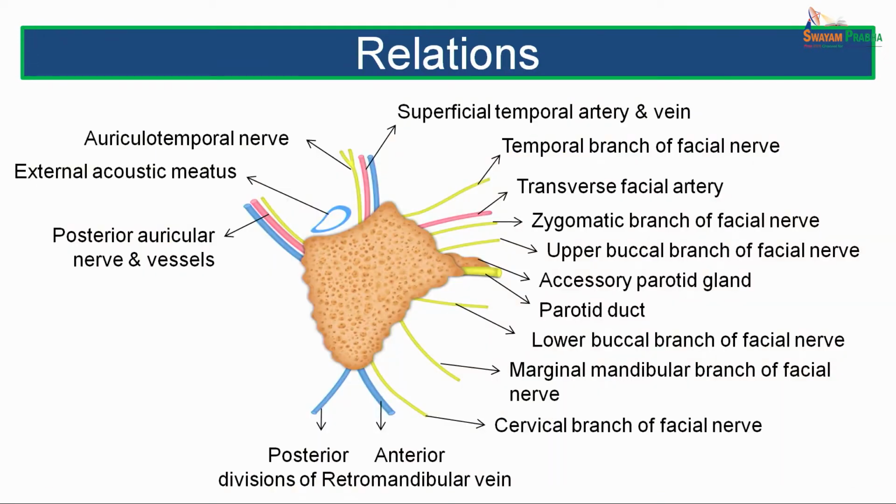Let us see the structures emerging from the posterior and the medial border. Here we see the structures emerging from the posterior border, that is the posterior auricular nerve and the posterior auricular vessels, whereas related to the medial border is the wall of the pharynx.